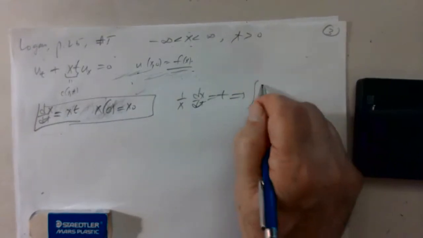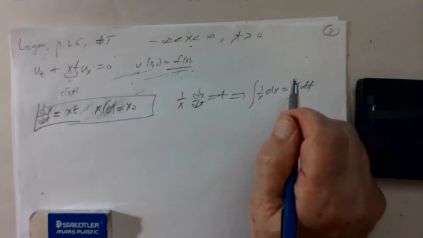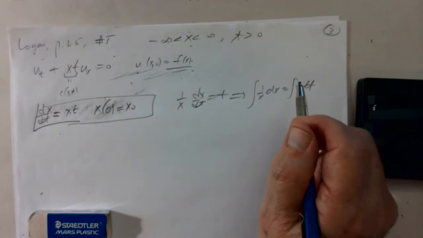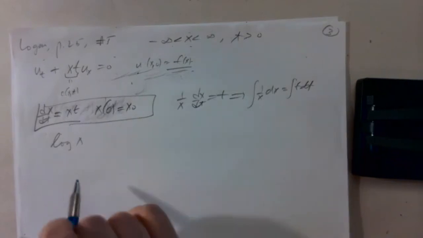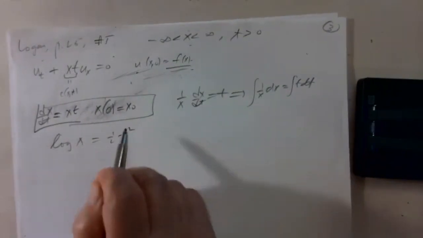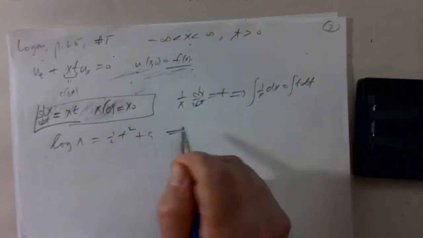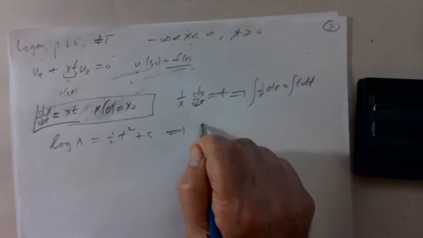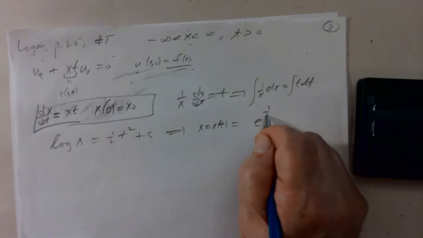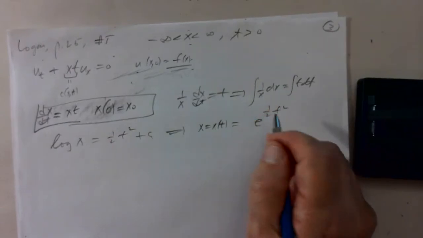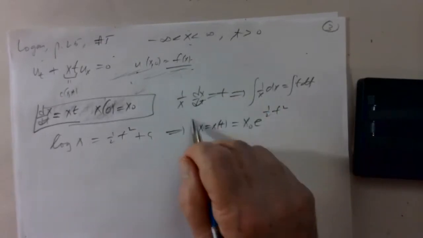So the integral of 1 over x dx equals the integral of t dt, which tells us that the log of x is equal to a half t squared plus some constant. So if we exponentiate, we get x, which is some function of t, it's a curve, equal to e to the 1/2 t squared times some constant c. And when t is equal to 0, the constant has to be x0.